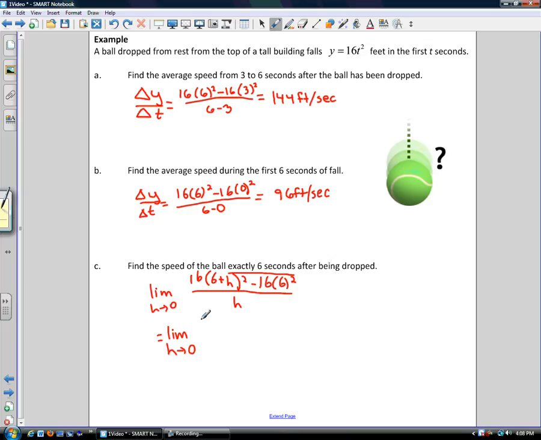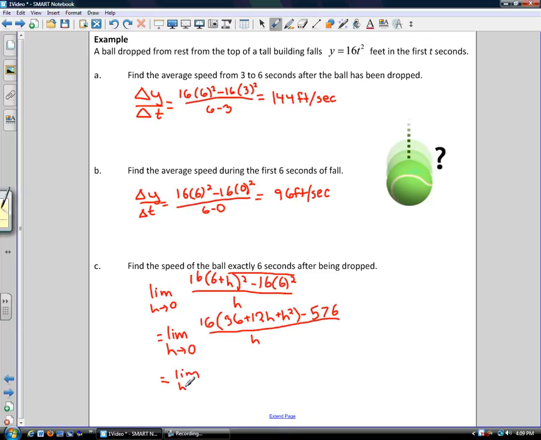So, first thing I need to do is FOIL. 6 plus h squared is 36, plus 12h, plus h squared, minus 16 times 36, which is 576, all divided by h. Alright, and distribute the 16.